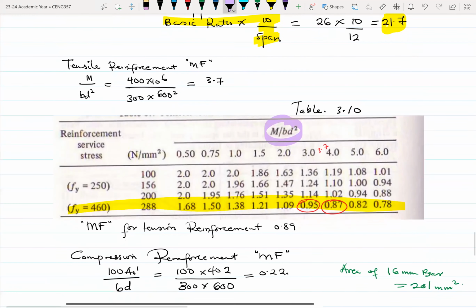So we have an M over bd squared of 3.7. Using linear interpolation, you can find the modification factor for the tension.